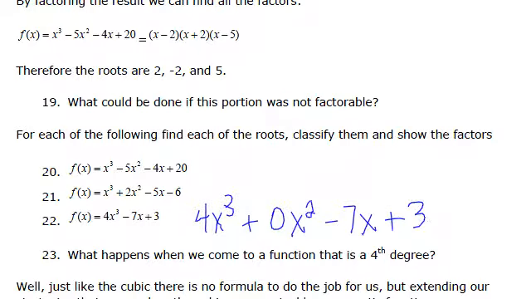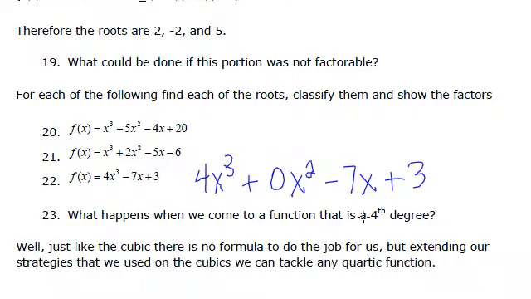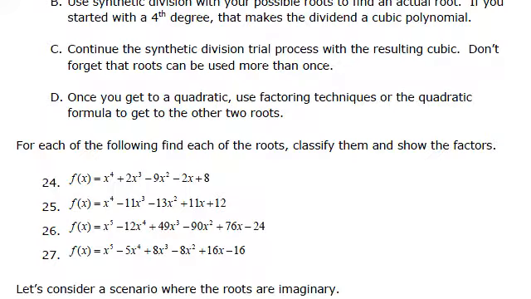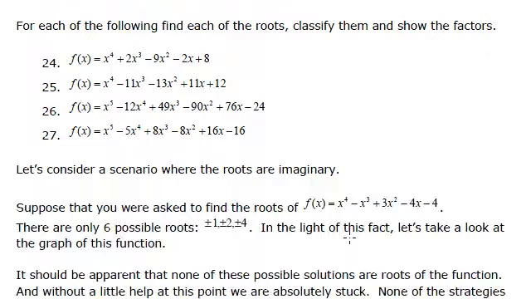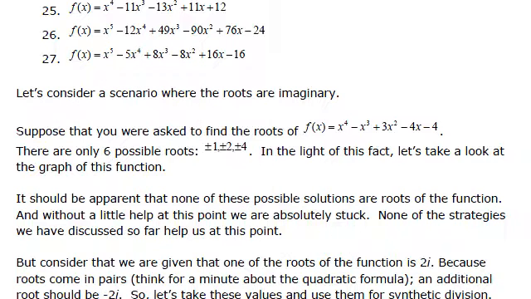Just remember, it's all the factors of the last term over all the factors of the first. And if you have 5 factors on the last term and 2 factors for the first, you're going to have 10 different possible solutions. So you have to run it.